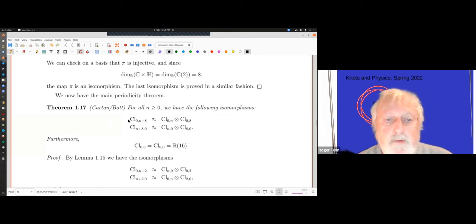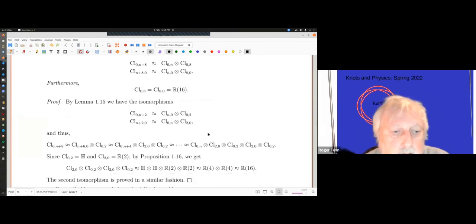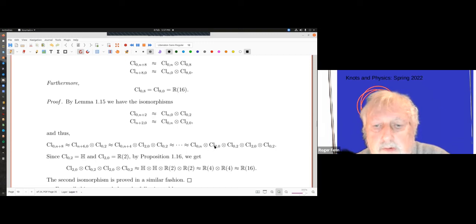So we have these isomorphisms here, which we've already talked about, and the Clifford algebra Cl(0, 8) is the same as the Clifford algebra Cl(8, 0), which is 16 by 16 matrices with entries in R. And so have a look at this line here: you go Cl(0, n+8) is Cl(0, n+6) tensor Cl(0, 2), and then you keep going down, down, down until you get to Cl(0, n) tensor Cl(2, 0) tensor Cl(0, 2) tensor Cl(2, 0) tensor Cl(0, 2).